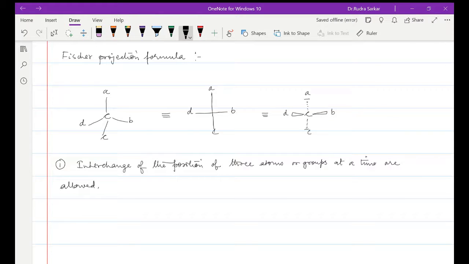Which means that if you do this operation, then that won't change the stereochemical information that is within the molecule.